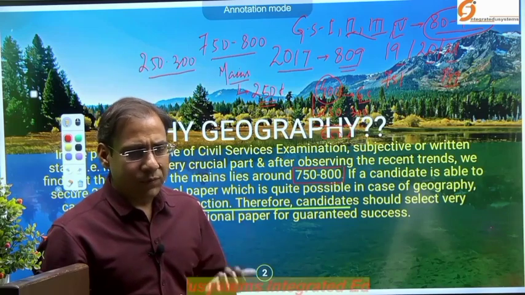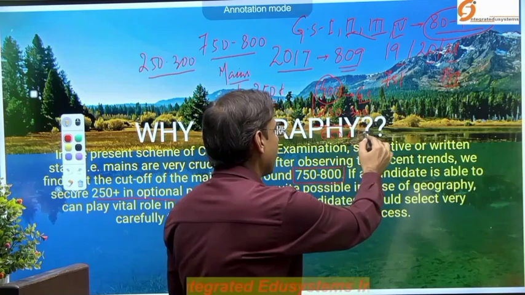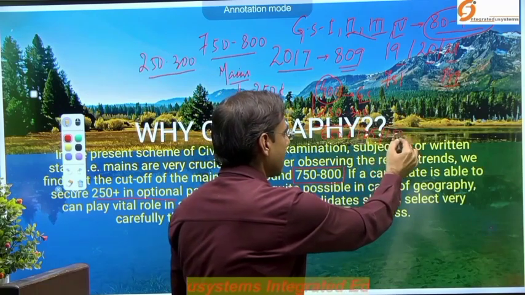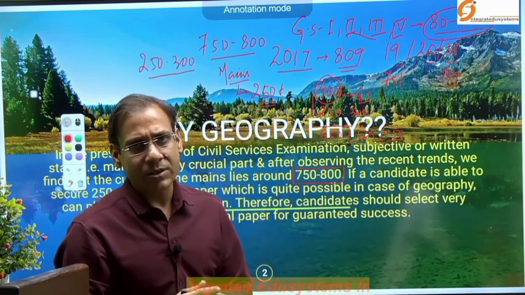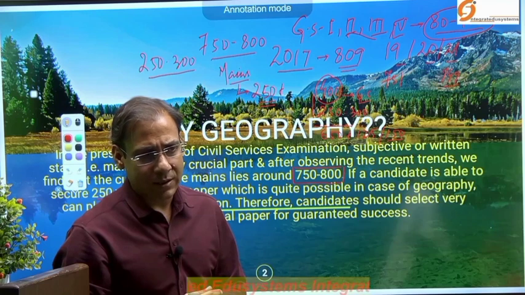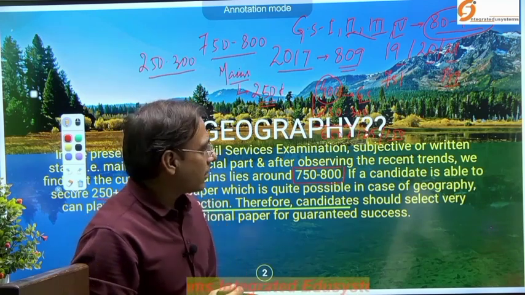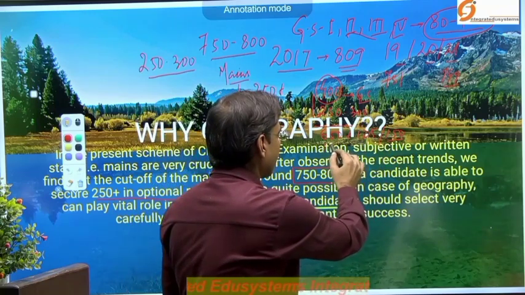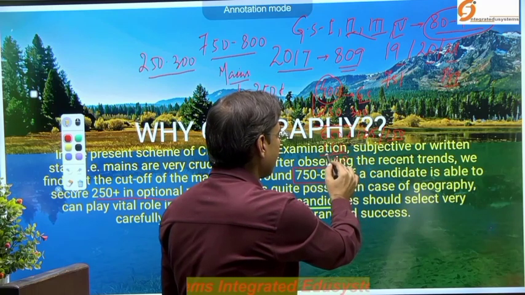If you score 50% marks in your essay, 125 or 150, which is an average score in essay. 150 is an average score. A decent score in essay is more than 170. So after getting 150 in essay, your score will be 800.